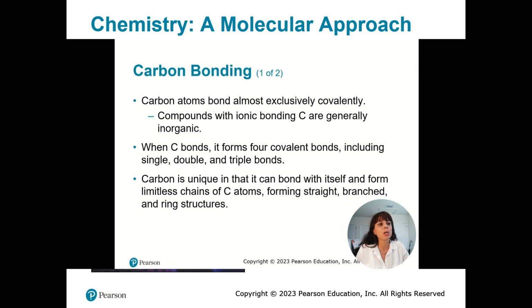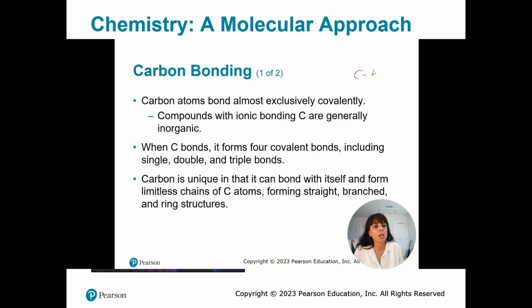So carbon bonding, how they bond. Carbon atoms bond almost exclusively covalently. Covalent bonds, they share electrons, okay? Compounds with ionic bonds to carbon are generally inorganic. Carbon forms 4 covalent bonds, including single, double, or triple bonds.